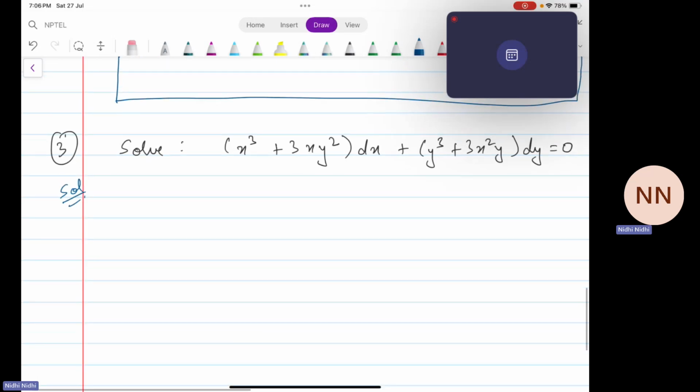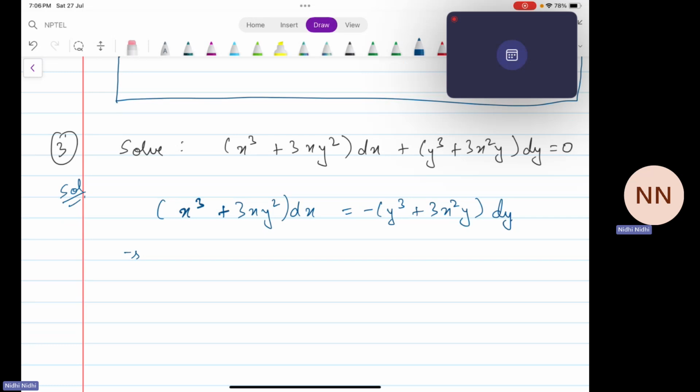So we have (x cube plus 3xy square) dx is equal to minus (y cube plus 3x square y) dy, which gives us dy by dx is equal to minus (x cube plus 3xy square) upon (y cube plus 3x square y).